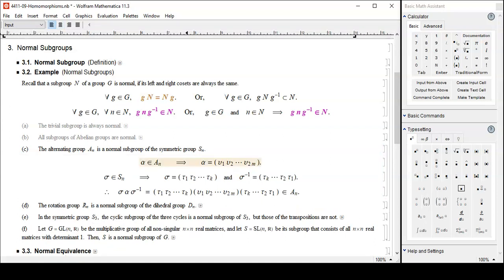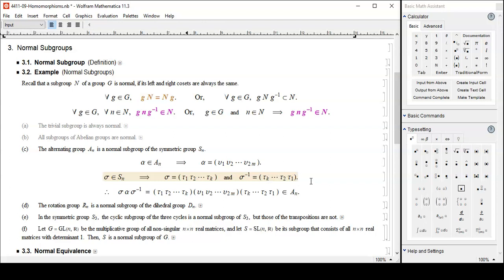Alternating groups consist of even permutations, so it can be written as a product of an even number of transpositions, 2m transpositions. Now, sigma can be written as a product of transpositions, say k, and what's sigma inverse? It's the same multiplication, just backward.